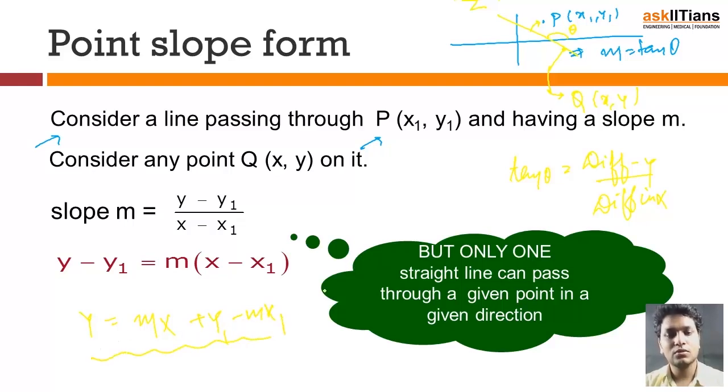And mind you, there will be only one line that passes through the given point with the given slope. So only two conditions are required for defining a line: one is the point information and the other is the slope. If we have these two pieces of information, we will fix any line.